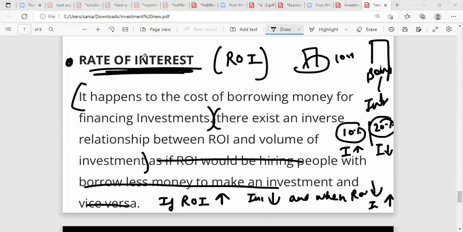It is the cost of borrowing money for financing investment, and there is an inverse relationship between ROI and the volume of investment. Then after this, you will write: if ROI is high, investment will be less, and when ROI is less, investment will be more. Clear? Quickly write it down.